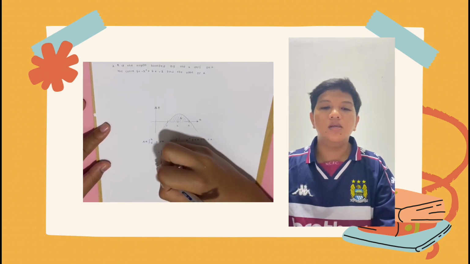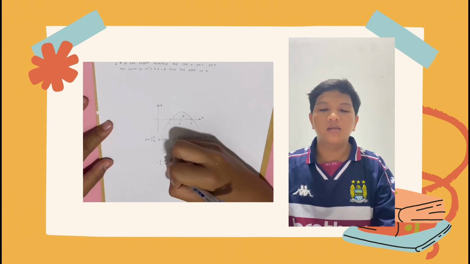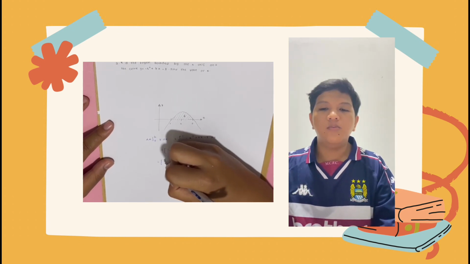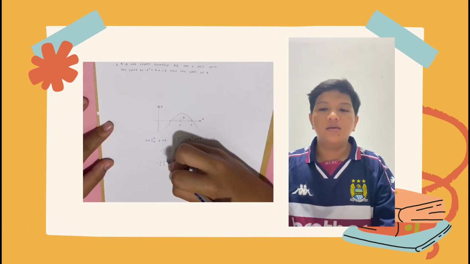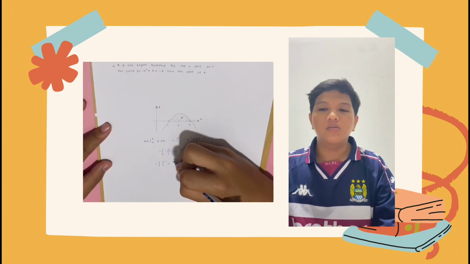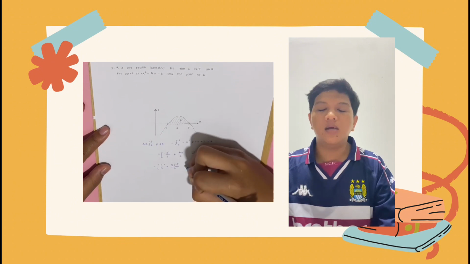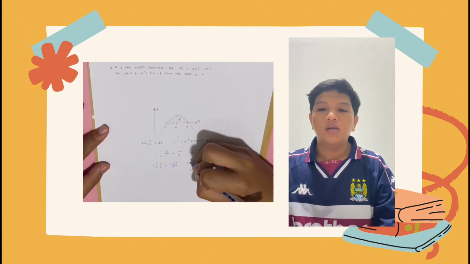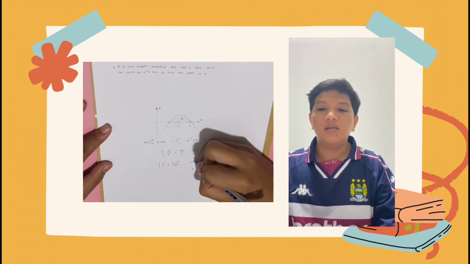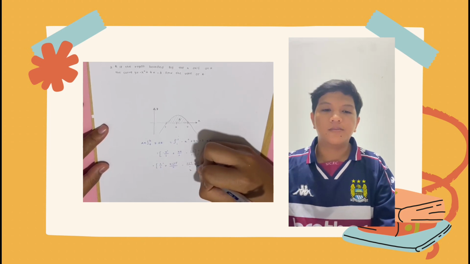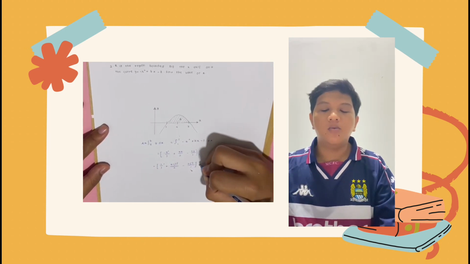Then we integrate the equation. The equation will be negative x cubed over 3 plus 4x squared over 2 minus 3x over 1, limited by 1 to 3.